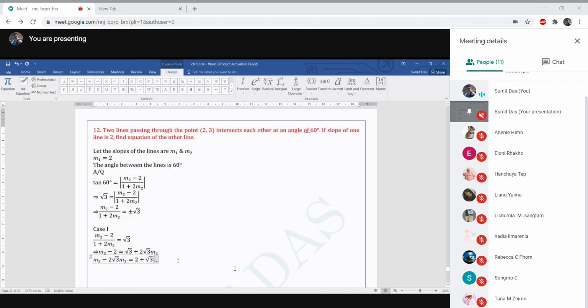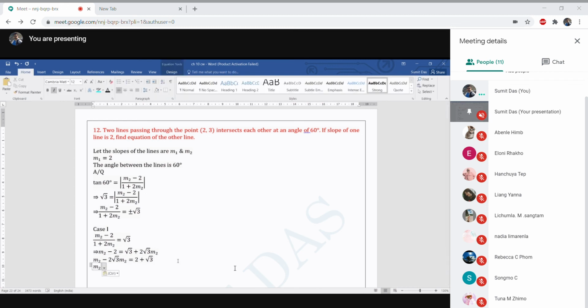If you take m2 common, it will be 1 minus 2 square root of 3, equal to 2 plus square root of 3. So m2 equals 2 plus square root of 3 divided by 1 minus 2 square root of 3.